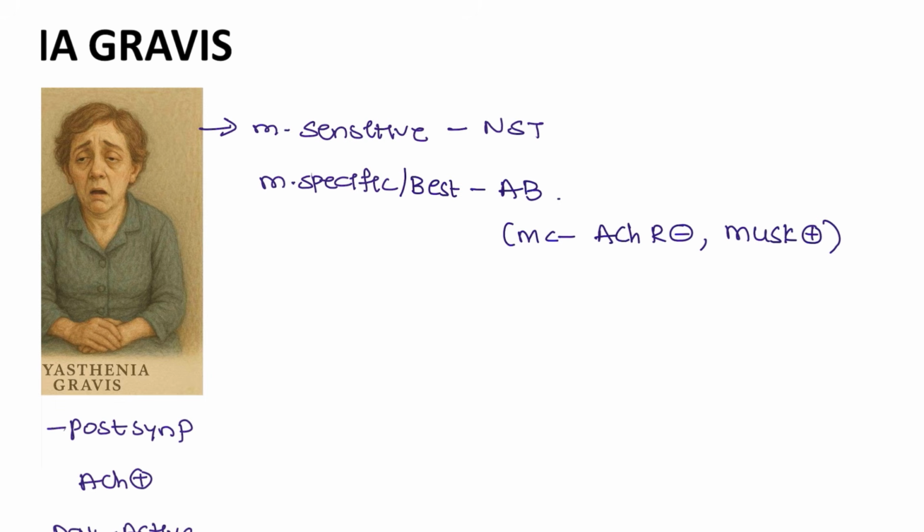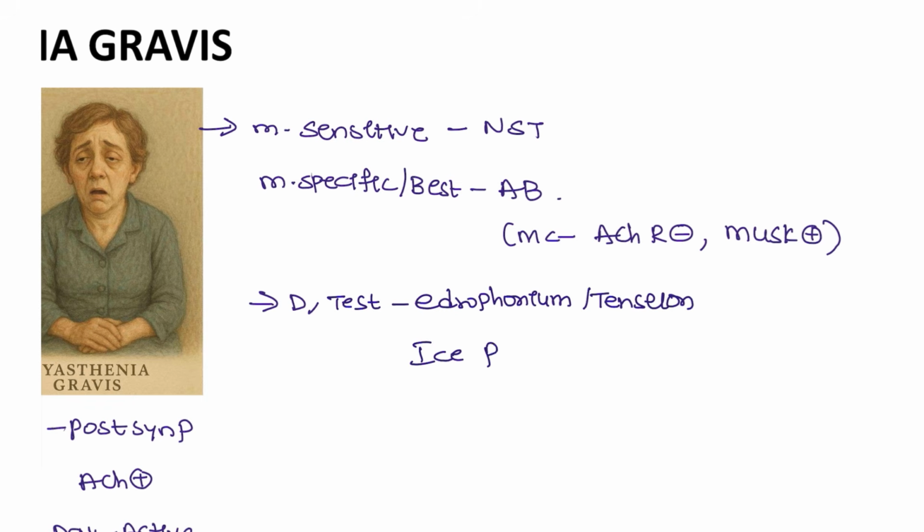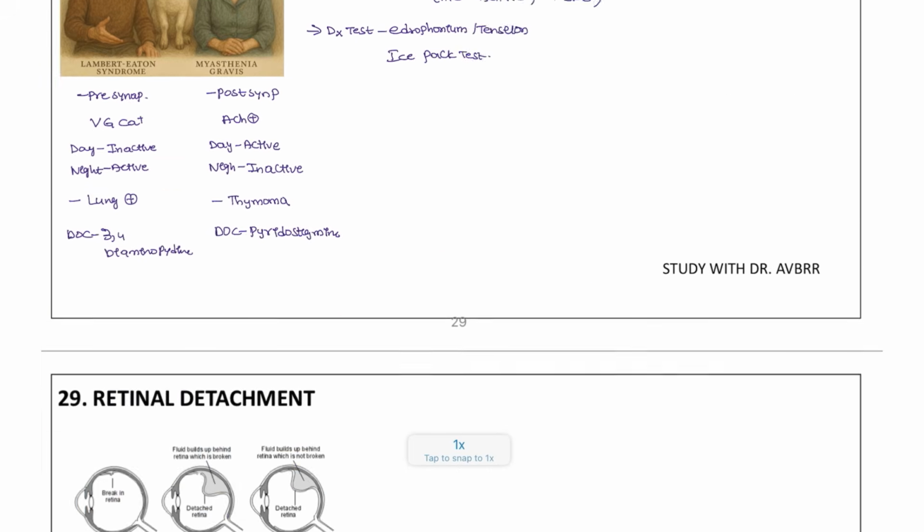Another diagnostic test that we perform is the edrophonium test, also known as the Tensilon test, and the ice pack test, which is performed in myasthenia gravis patients.